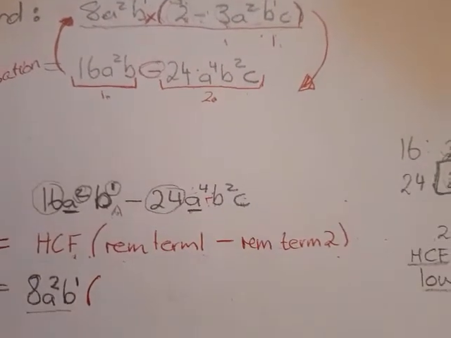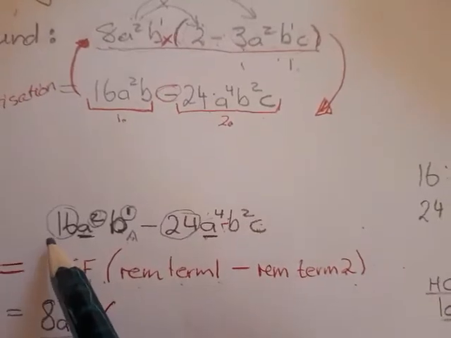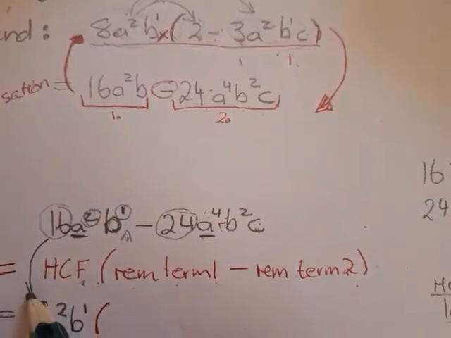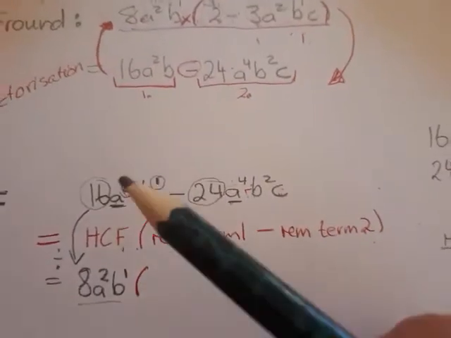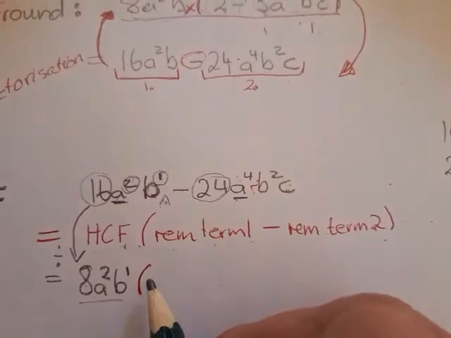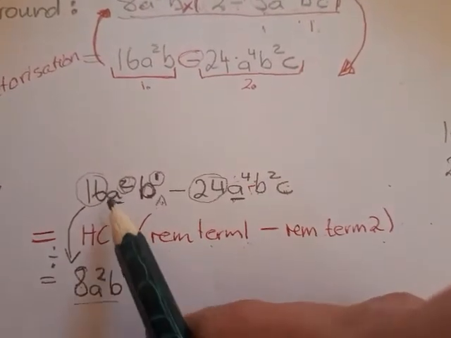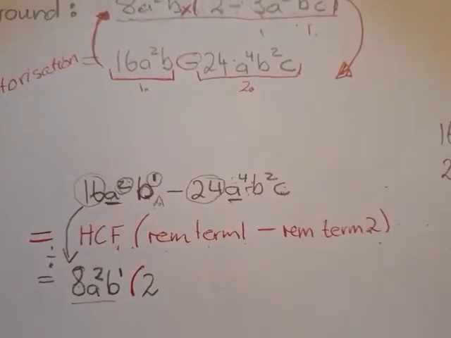Okay, now we must find the remainder for term 1. And how you do that is you now divide term 1 by the highest common factor. Again, do that step by step. 16 divided by 8 is 2. Okay, then a squared divided by a squared is 1. Right?